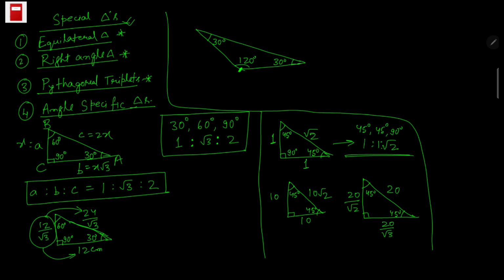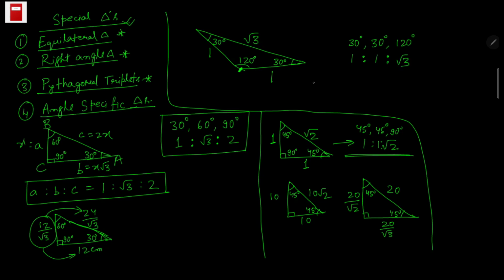Now clearly the sides opposite the 30, 30 angles will be equal. So if I take them as 1 and 1, then the third side is root 3. So this is what you need to remember. So in this triangle, the sides opposite 30 degree, 30 degree will be equal, and the side opposite 120 degree will be larger, and the ratio of the sides will be 1 is to 1 is to root 3.